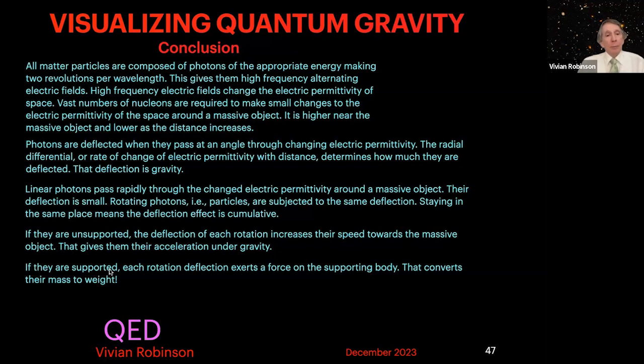If they are supported, each rotation deflection exerts a force on the supporting body that converts their mass to weight. I respectfully suggest that in the above, it has been demonstrated, or as the Latins say, quod erat demonstrandum. I prefer to use quantum electric permittivity deflection equals gravity.